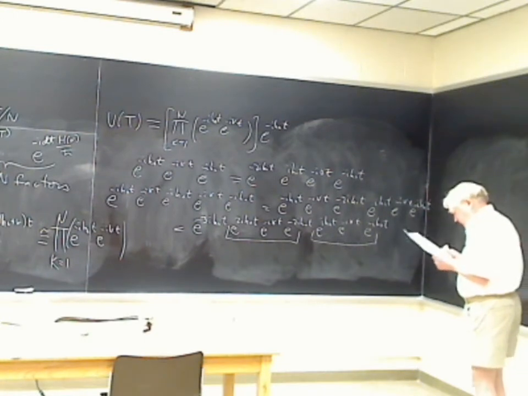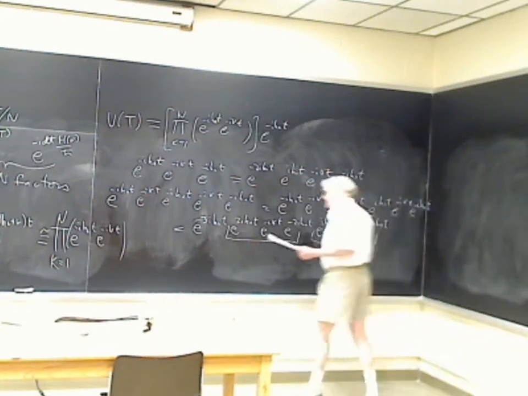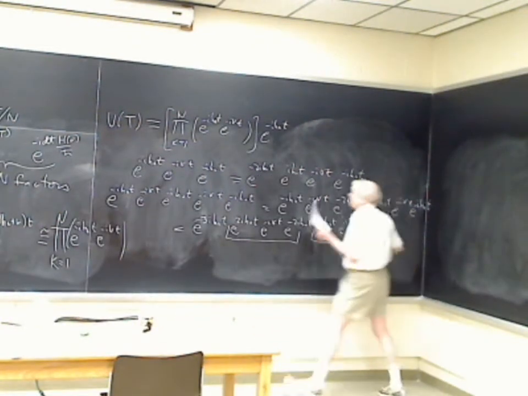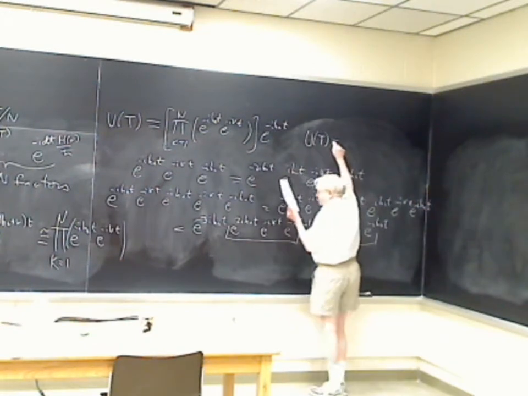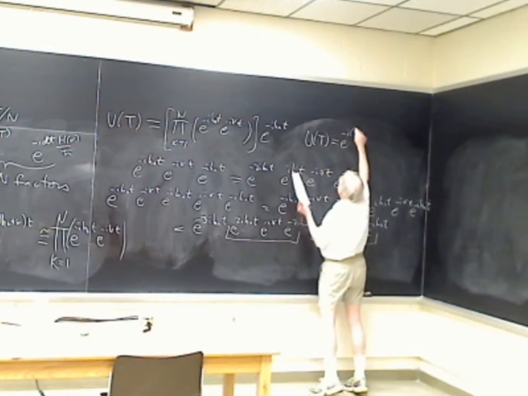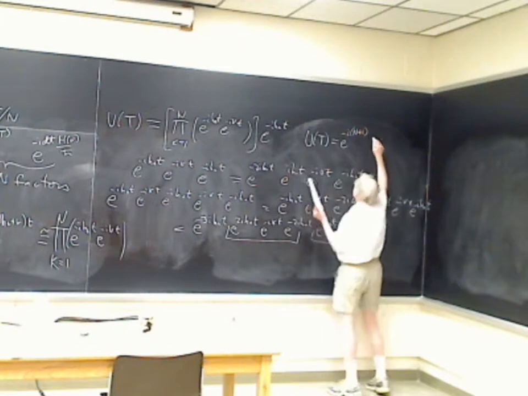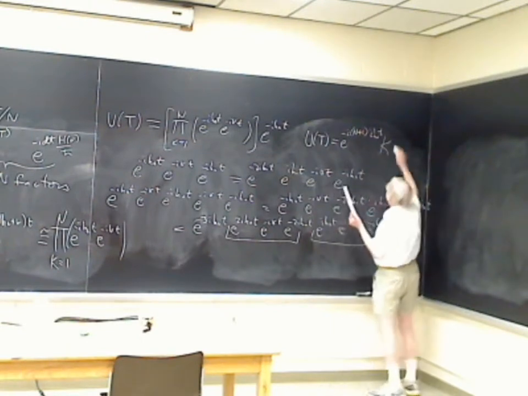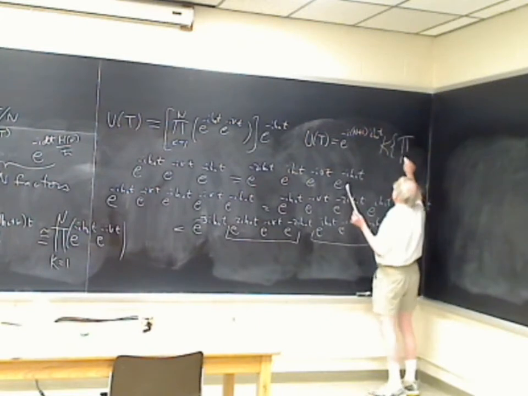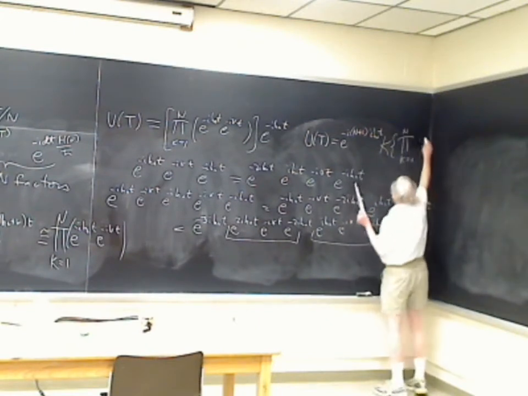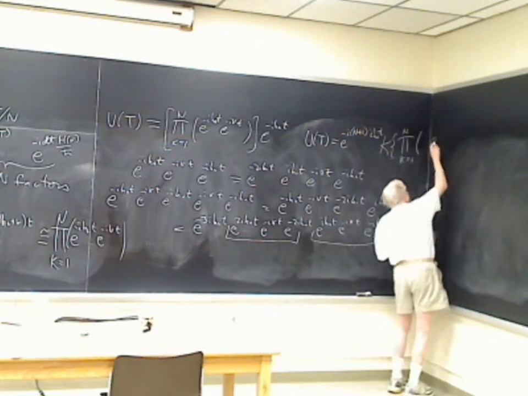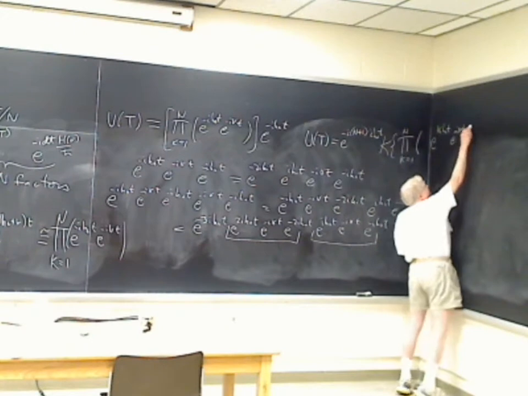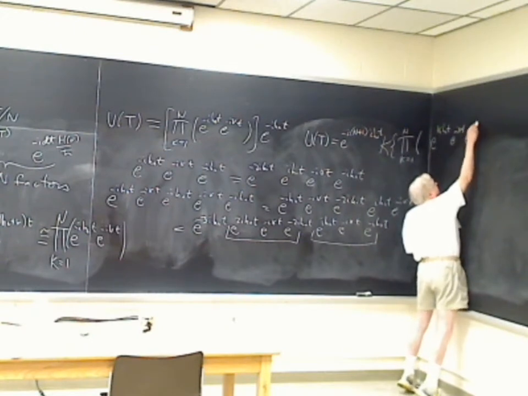Eventually, U of T becomes e to the minus i (n plus 1) H0 t, times a k-ordered product, where k equals 1 to n, of e to the k i H0 t, e to the minus i V t, e to the minus i k H0 t.